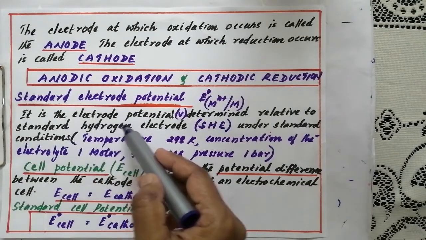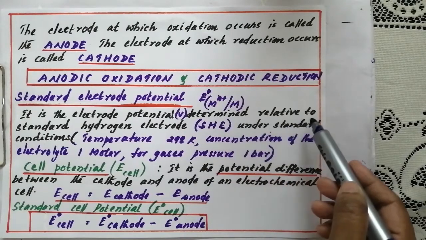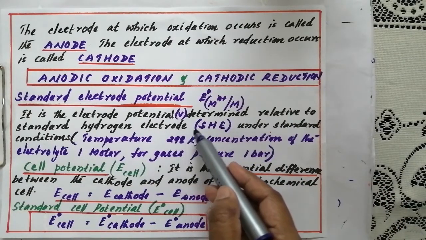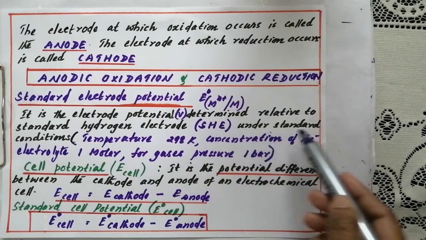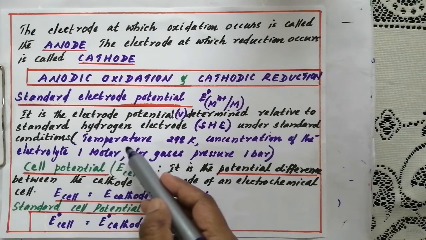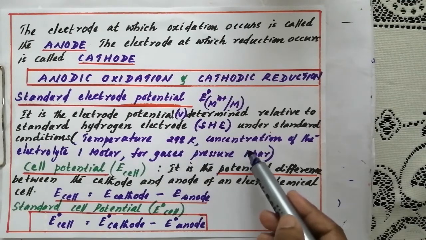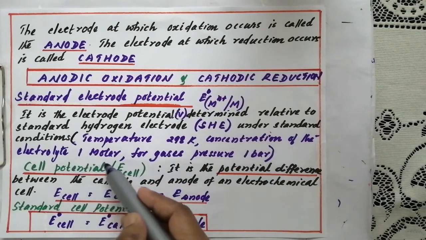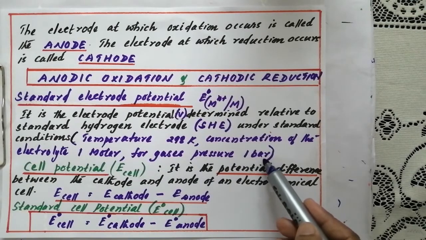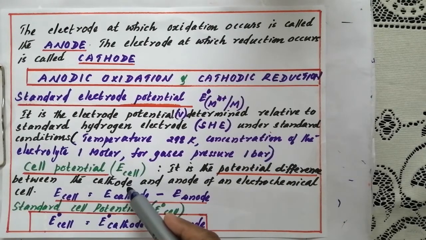It is the electrode potential in volts determined relative to the standard hydrogen electrode, SHE, under standard conditions. The standard conditions are the temperature 298 Kelvin, concentration of the electrolyte 1 molar, and for gases the pressure is 1 bar.